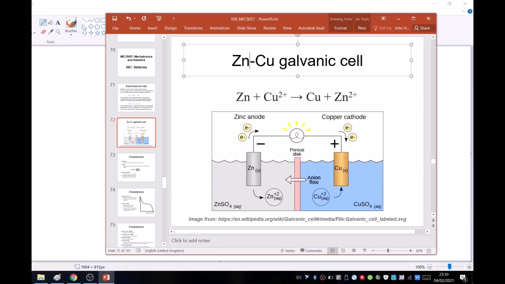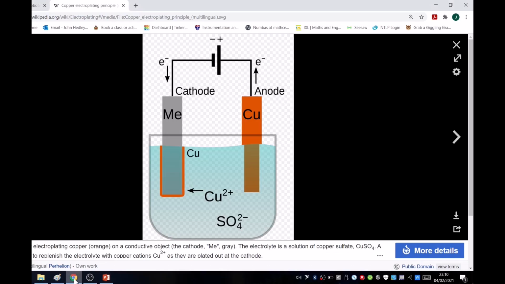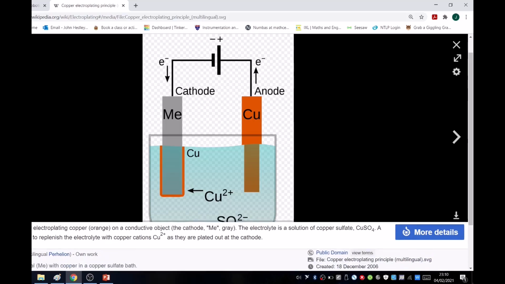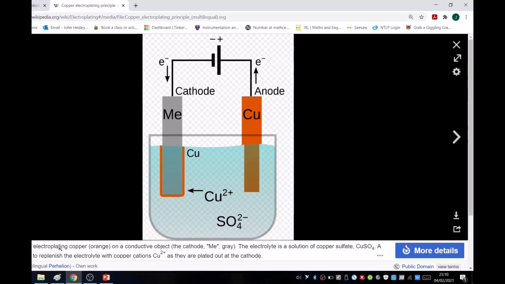If I just escape this and have a look at a Wikipedia page, what we have here is electroplating. So we have a battery up here, and that's producing electrons on this side, on this electrode.